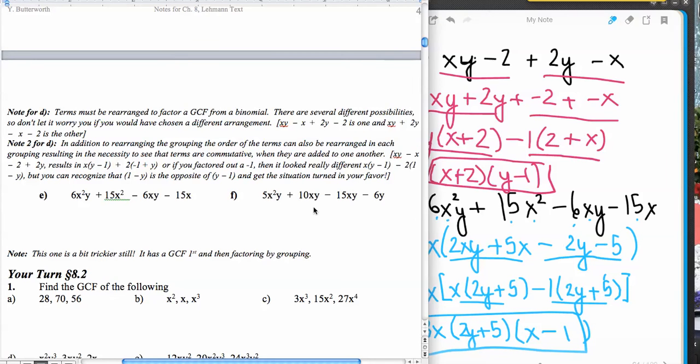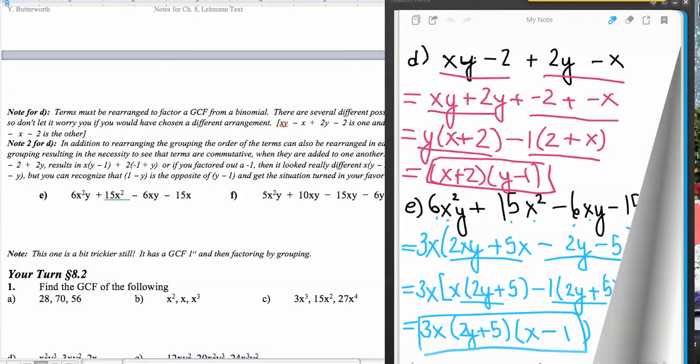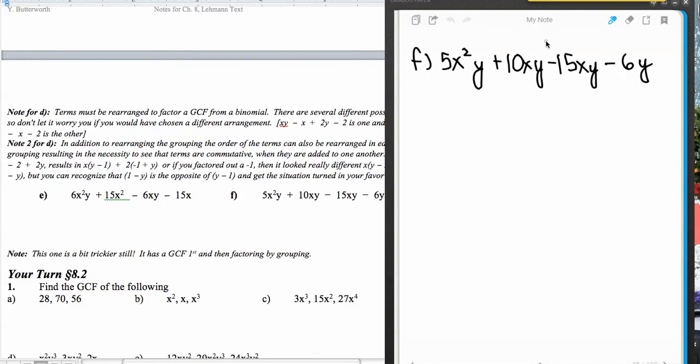Now we'll look at this last one right here, F, before we turn it over for your turn problems. So again, as I look across here, I see every single term has a y in common. So I'm going to take a y out. Now it looks at first glance like there might be a 5 in common too, but you see 6 isn't going to factor by a y. So we're going to go ahead and take this out.